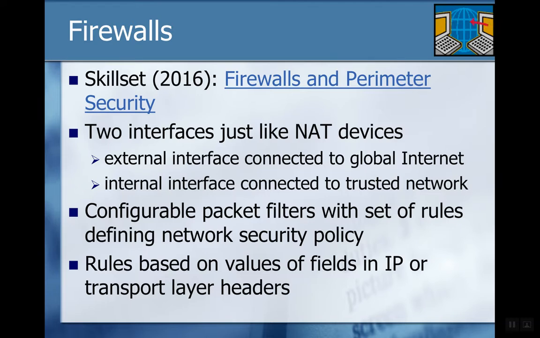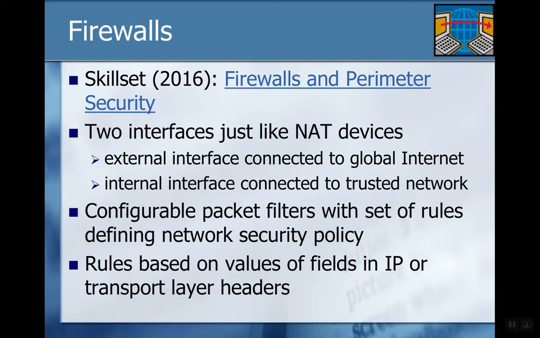So firewalls, the idea of a firewall from a network perspective, was one of the fundamental building blocks of network security. It is a device that sits in between the internet and an intranet and monitors packets and will prevent invalid packets from passing through.